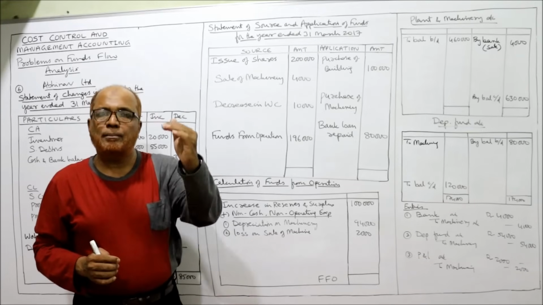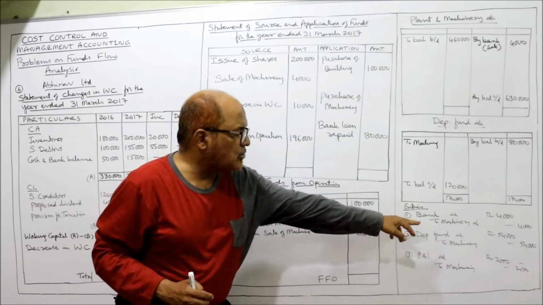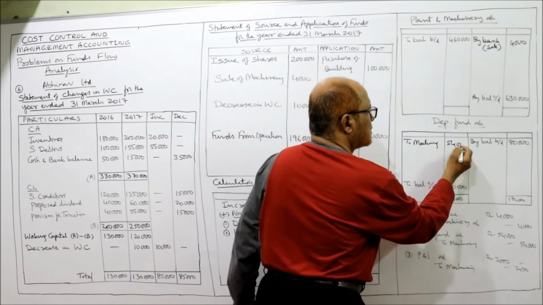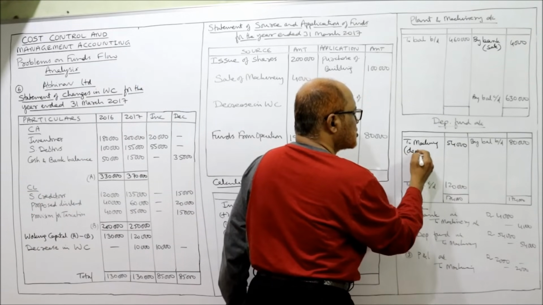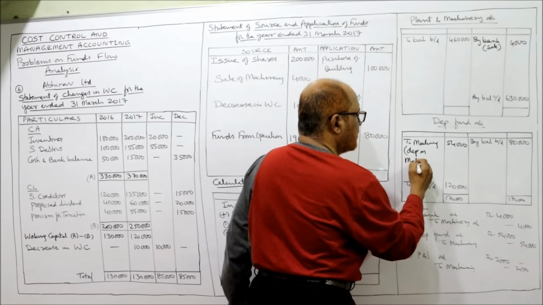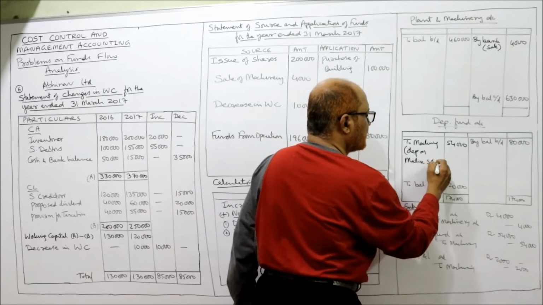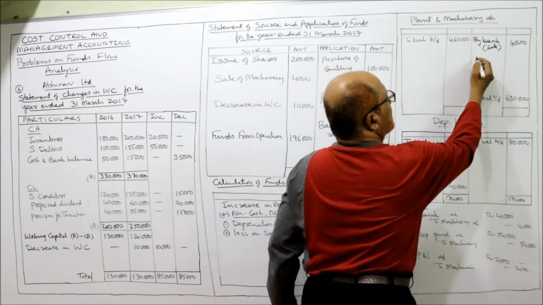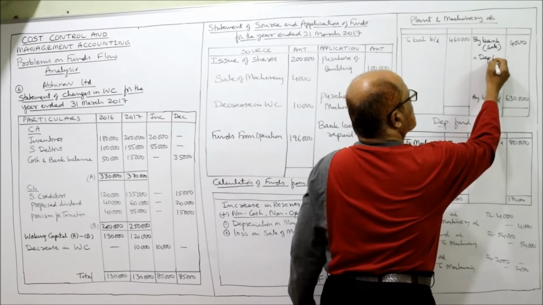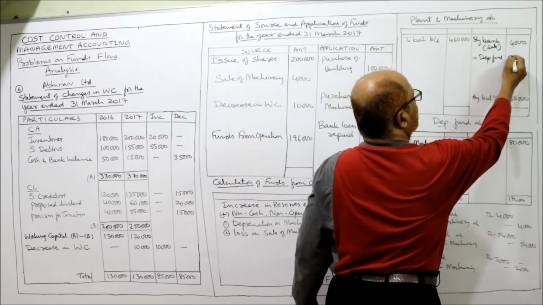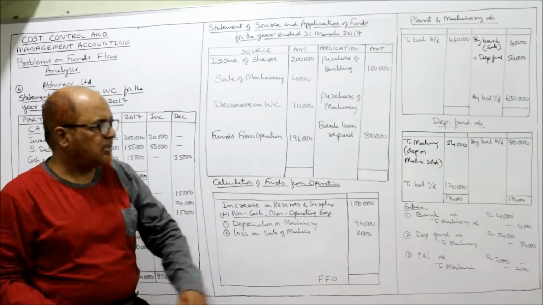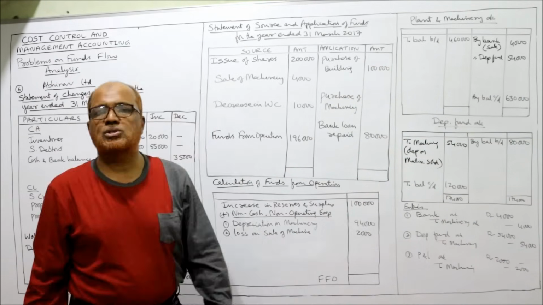So 60 minus 6, 54,000 is the accumulated depreciation. 54,000. Depreciation on machine sold. Machinery account credit side by depreciation fund 54,000. Two entries posted.